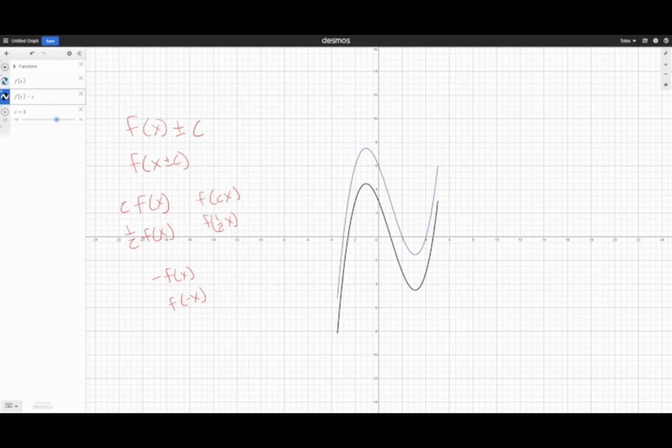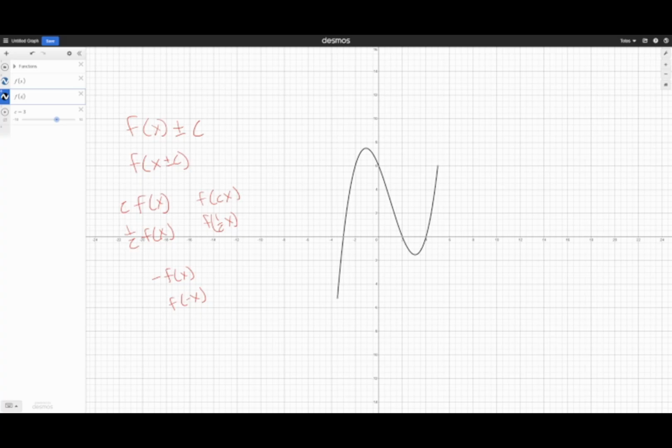If we were to move this c into the parentheses, it's going to shift left and right. And what I want you to notice here is that it's going to move opposite. The reason it does this is because we want to produce a function that has the same output as our original function. But because the first thing we're going to do is add our constant, that means we're going to be inputting a larger domain value.